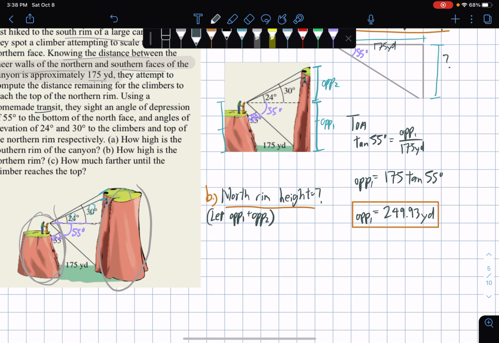For opposite 2, let's solve for it. So we have a triangle like this. Still 175 yards over here, and the opposite side, which is this one, is a missing value.